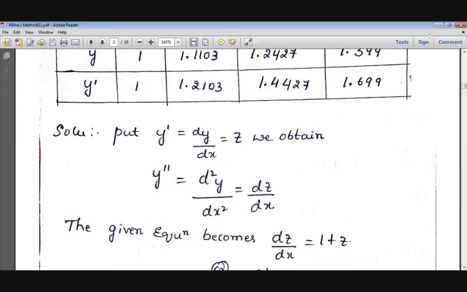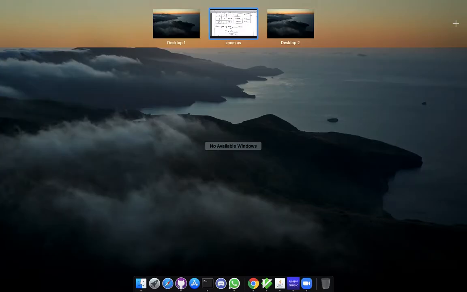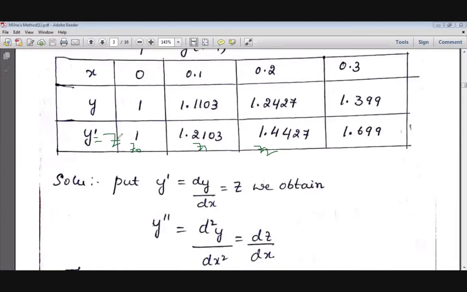So y dash is nothing but z only. This is z naught, this is z1, this is z2. Understood? Y dash and z both are same. Don't get confused. Clear?